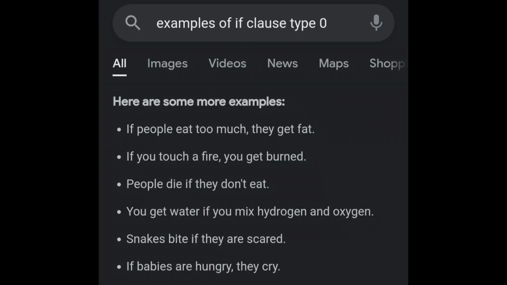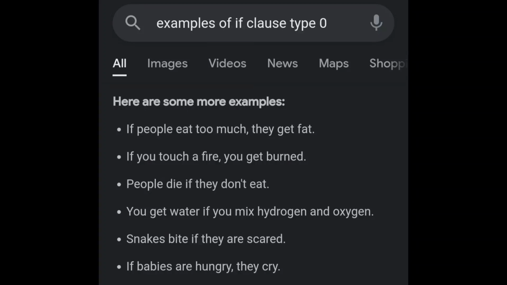When people eat too much, they get fat. Both of these words serve the same purpose, to describe a certain condition in those sentences. Again, if people eat too much, they get fat, or when people eat too much, they get fat. It's something that almost 99% of the human population can definitely agree on.